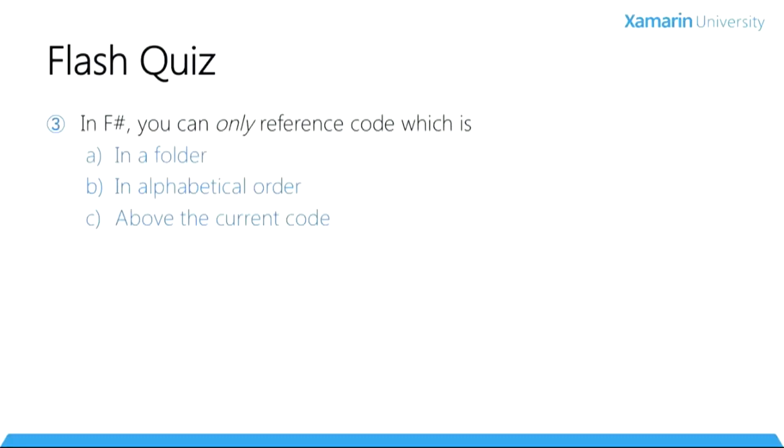Question 3. In F#, you can only reference code which is A, in a folder, B, in alphabetical order, or C, above the current code.